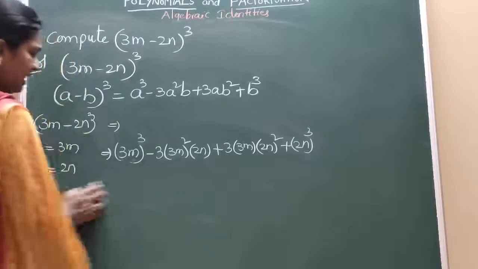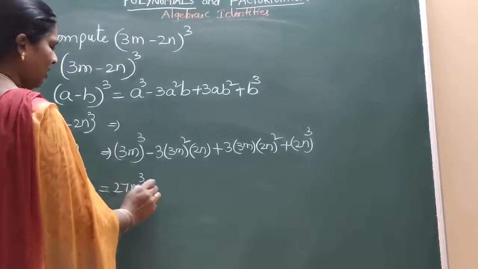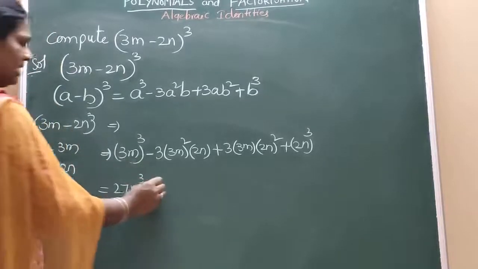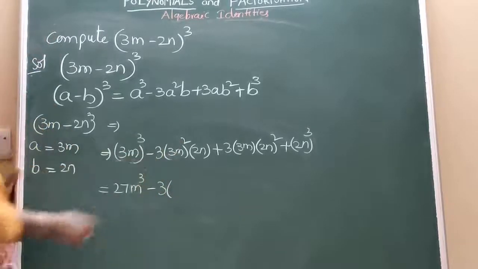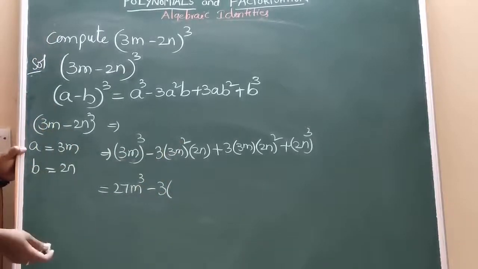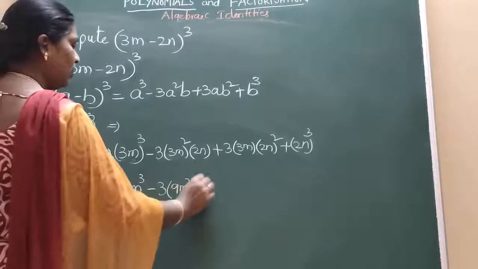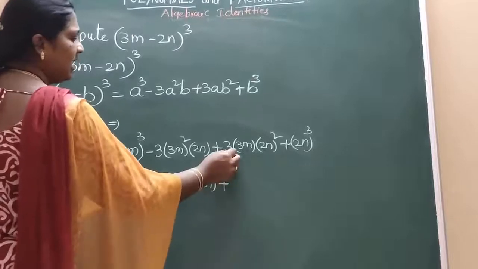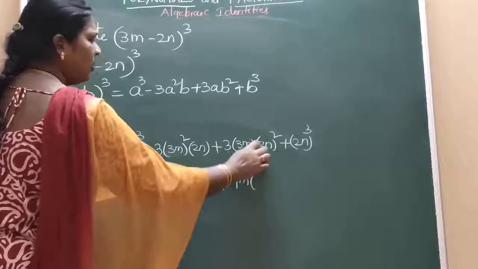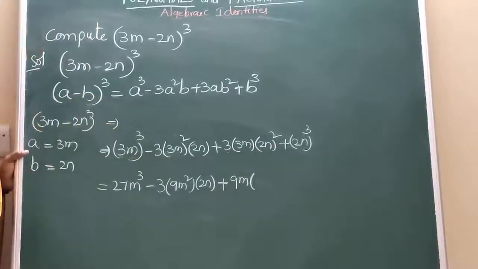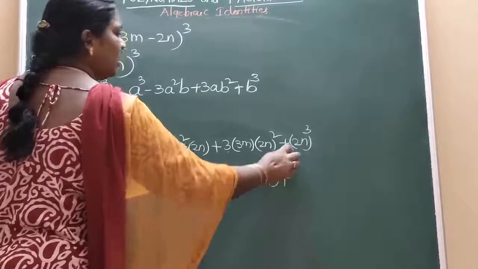So we write that is 27m cube, m into m into m, that is m cube, minus 3 into, what is here? 3m whole square. 3m whole square means 3m into 3m. 3 3s are 9, m into m, m square. That is 9m square into 2n. Plus here 3 into 3m, that is 9m into 2n square, means 2n into 2n, that is 4n square, plus 2n whole cube.